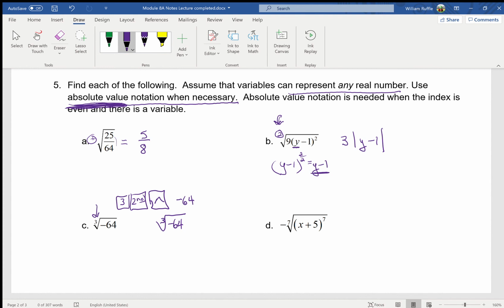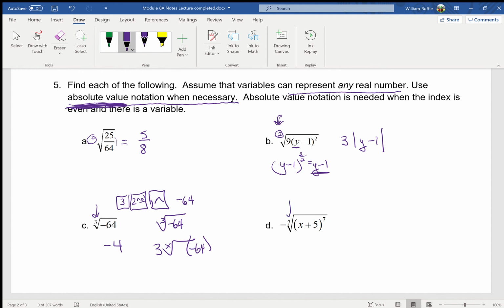Now the other TI-30 that I lend out, those light blue ones, it will just look like this. When you type it in, it'll look like this: 3x root, and then in parentheses -64. There's only one negative in there. But that's what it'll look like. But either way you're going to type in, you should get -4 as your answer.